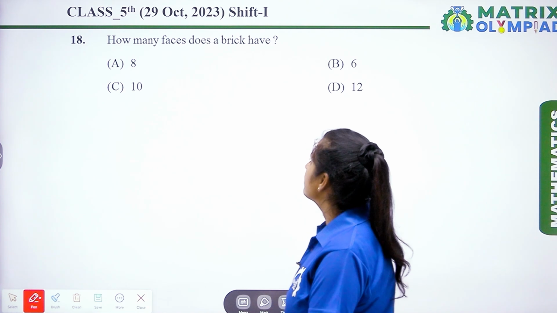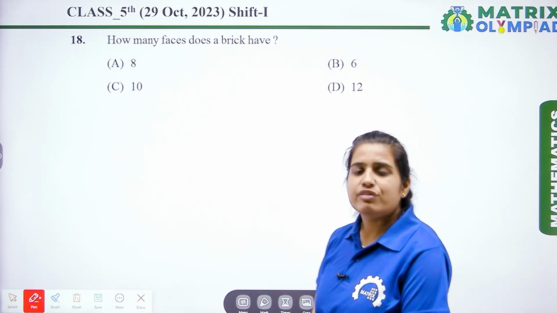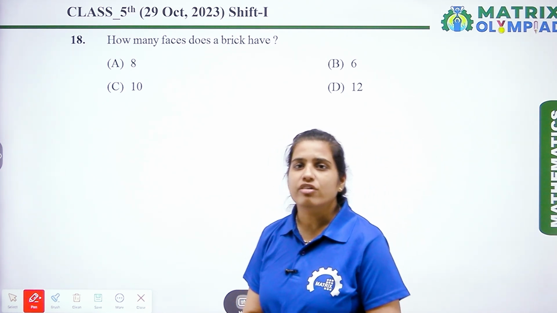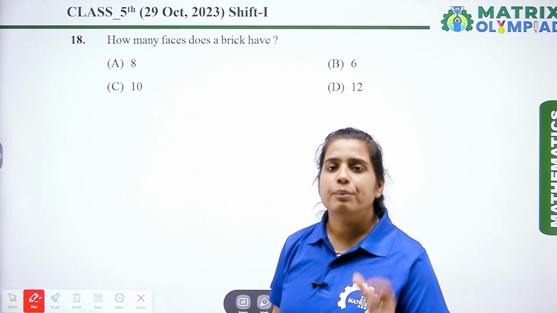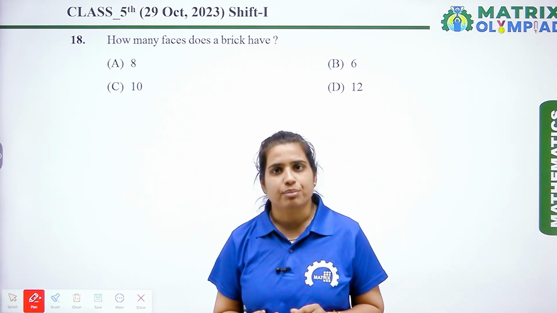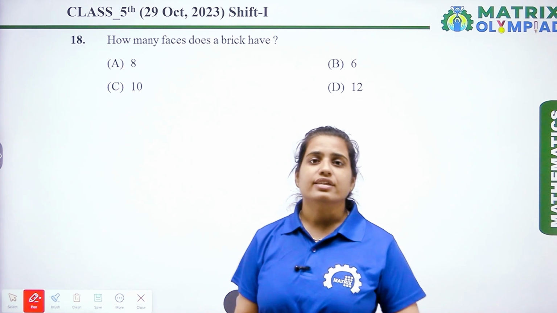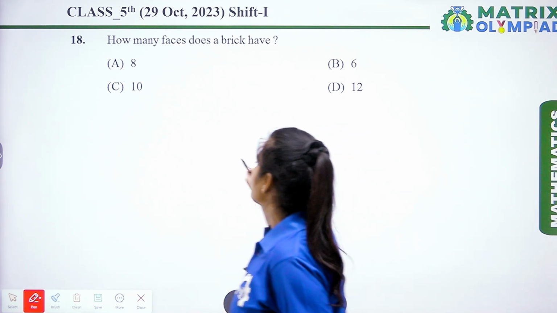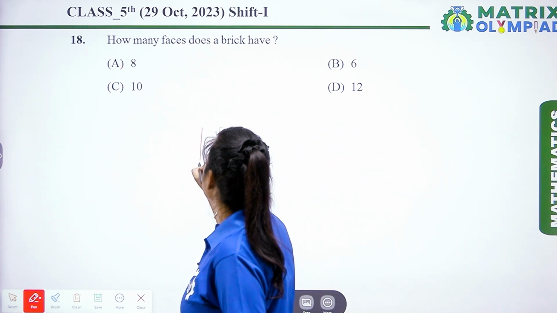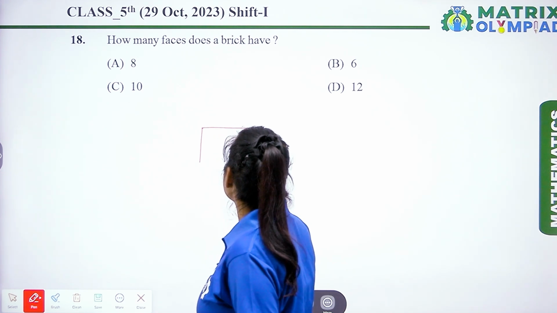How many faces does a brick have? We have to find out the faces of a brick. We know that a brick is of cuboidal shape. And what is a face? Face is a flat surface. So here let's draw a brick of cuboidal shape.